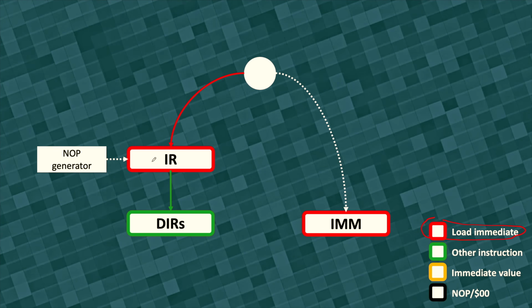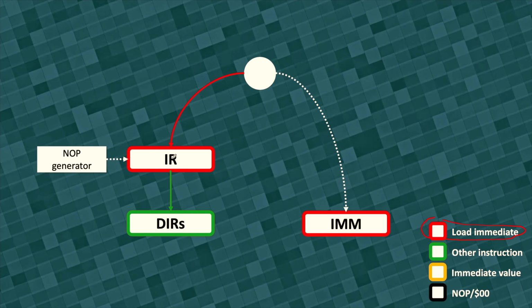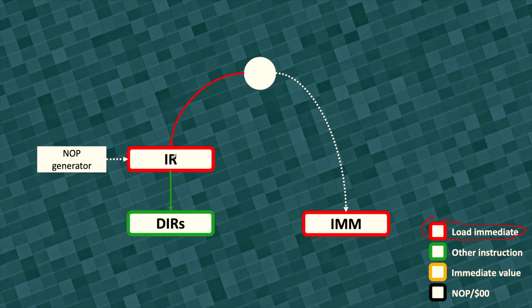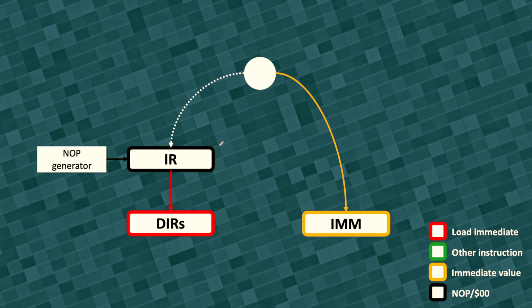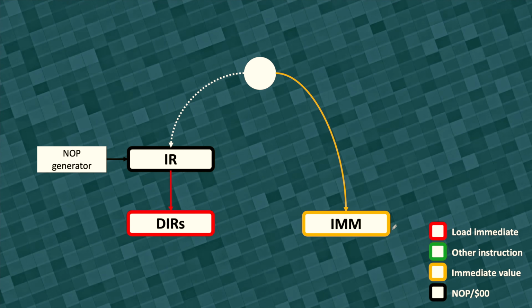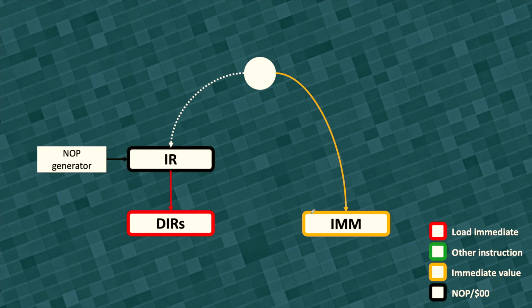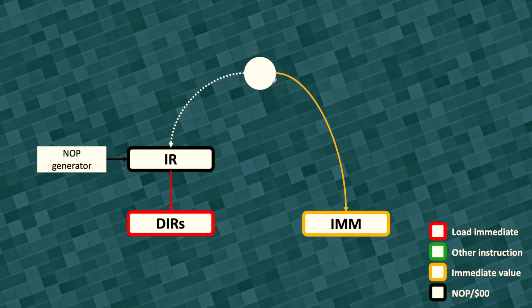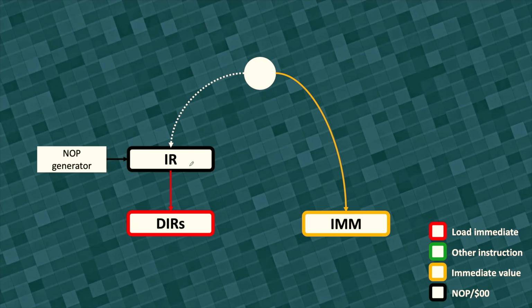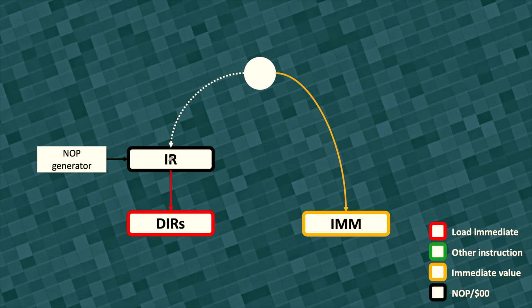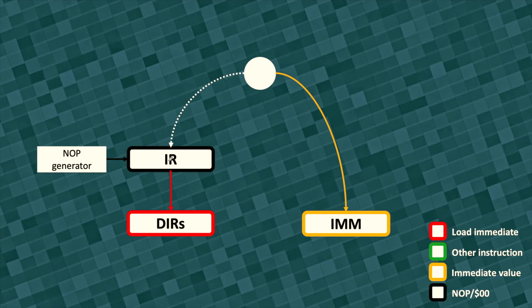Now, because this is a load immediate, now the circuit has to make sure that when the next thing comes out of instruction memory, it goes to the immediate register, because that next byte is the actual immediate value that follows a load immediate opcode. And instead of loading that immediate here on the instruction register, which would be terrible, because then it would get interpreted as an opcode and it would add rubbish to the execution.